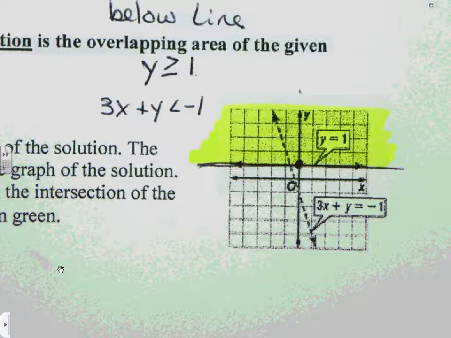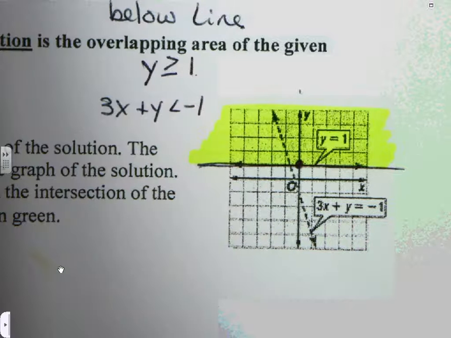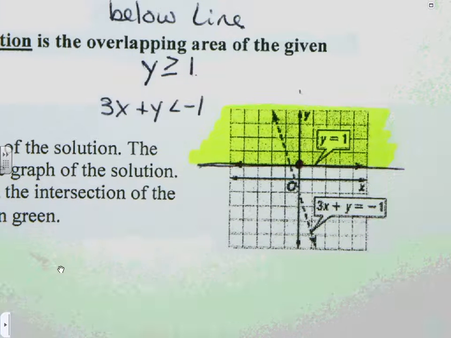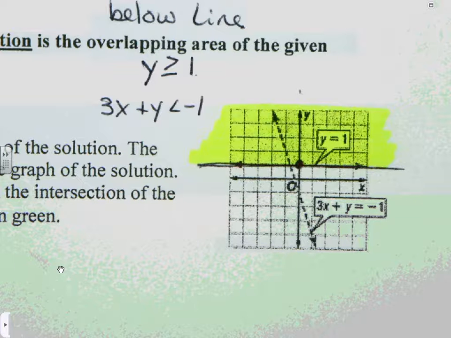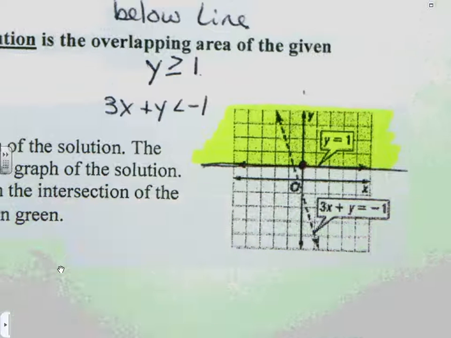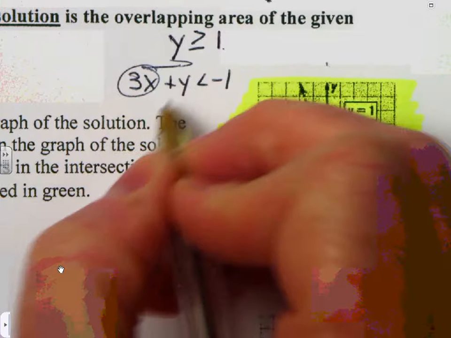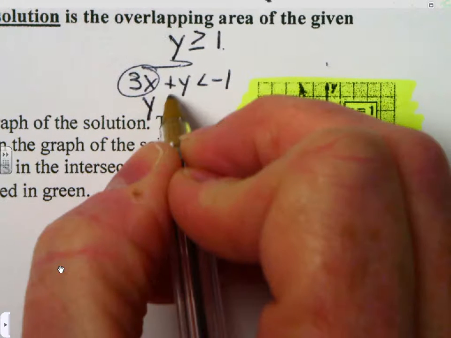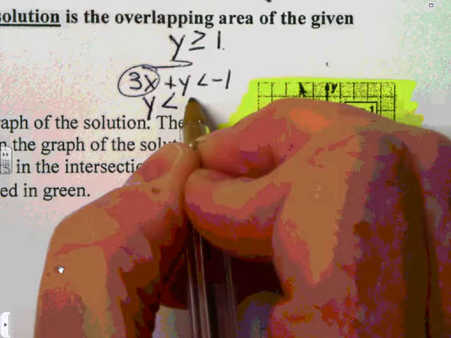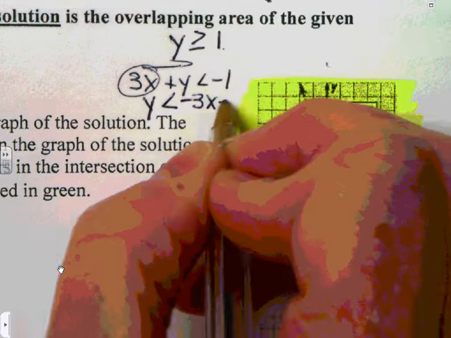Now the second equation is not in y equals, so we have to do a little rearranging. What are we going to move? The 3x. So we need to minus 3x from both sides, and we would have y is less than negative 3x minus 1.